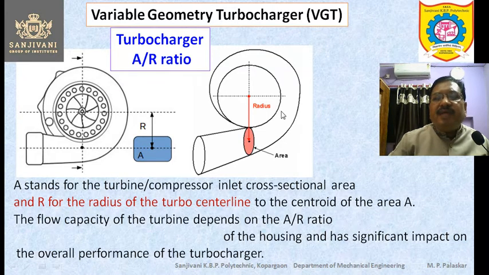Actually we can't change the radius of the turbine, but what we are trying to change is this area A. So increasing the area A means increasing the AR ratio, and decreasing the area A means decreasing the AR ratio. R we are not changing, we are changing A only.